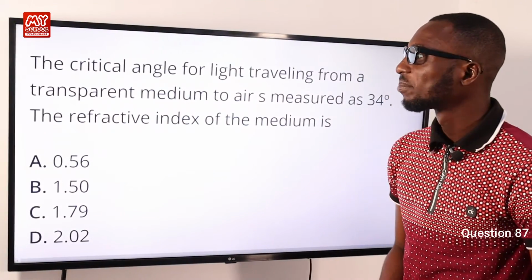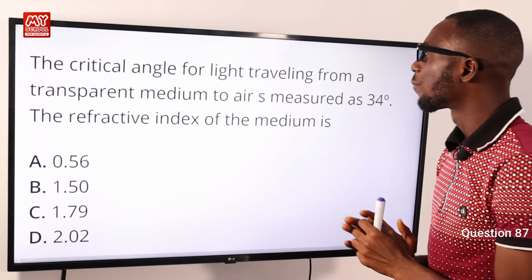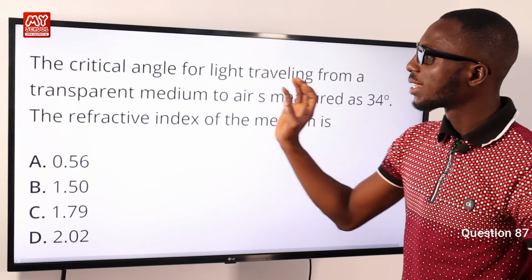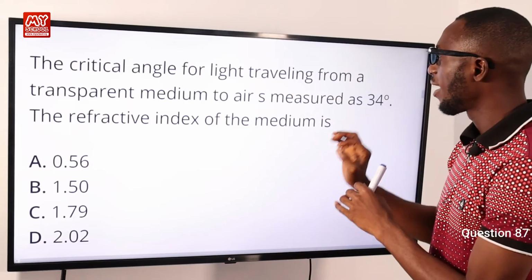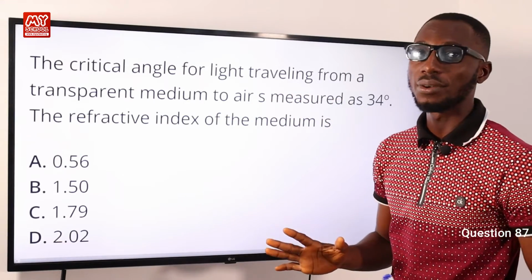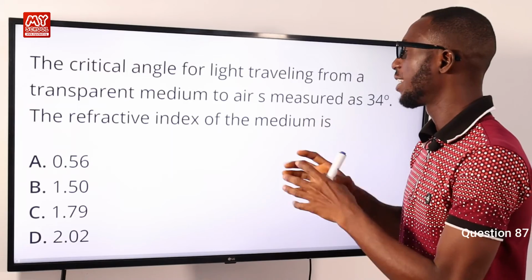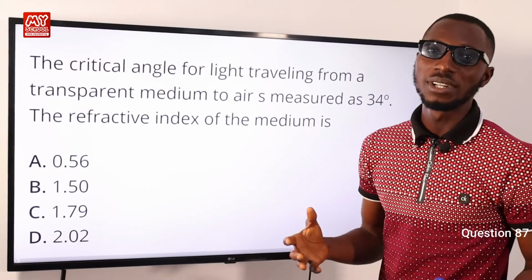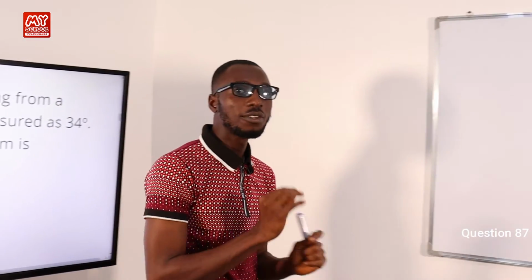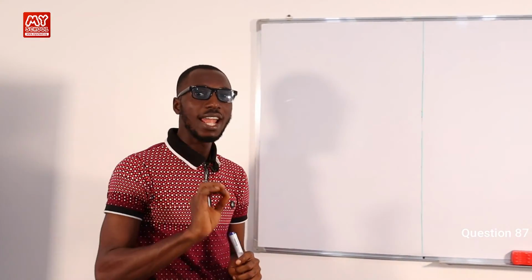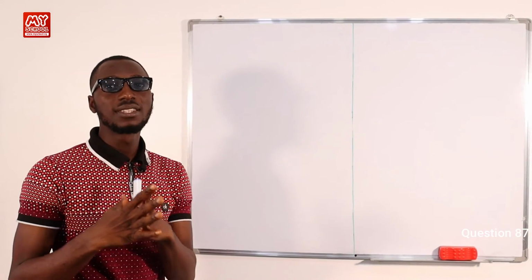Number 87. The critical angle for light traveling from a transparent medium to air is measured as 34 degrees. The refractive index of the medium is what? So just use a simple formula that refractive index equals 1 over sine theta, where theta means the critical angle.